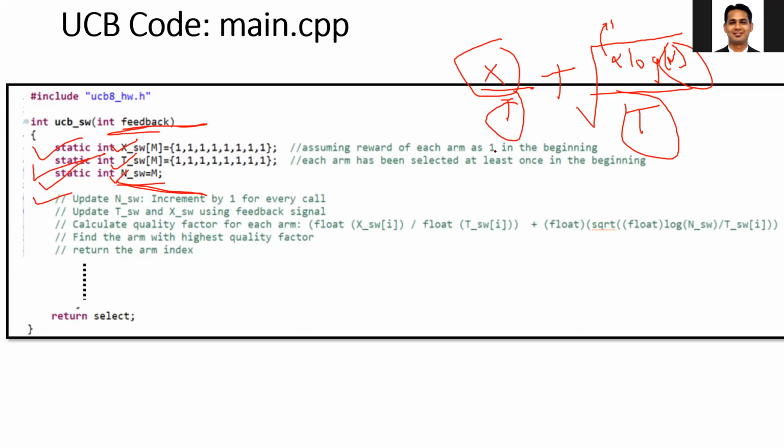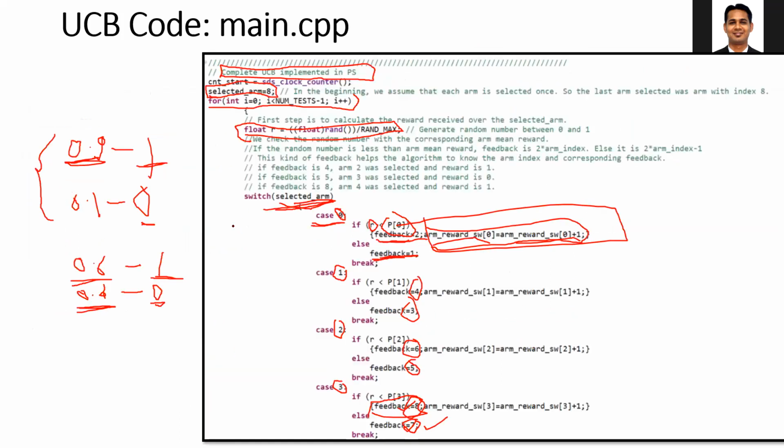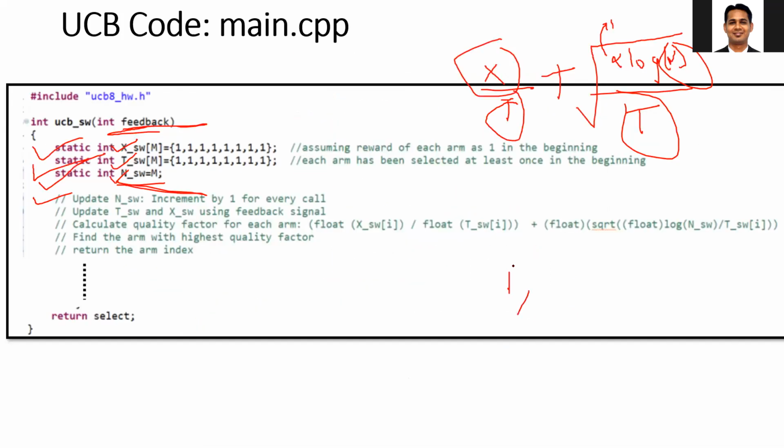Now, based upon the feedback, you need to increment TSW and XSW. So what can be the feedback? If you look at the previous code, suppose the feedback is 1 or 2. When the feedback is 1 or 2, it indicates that the first arm is selected.